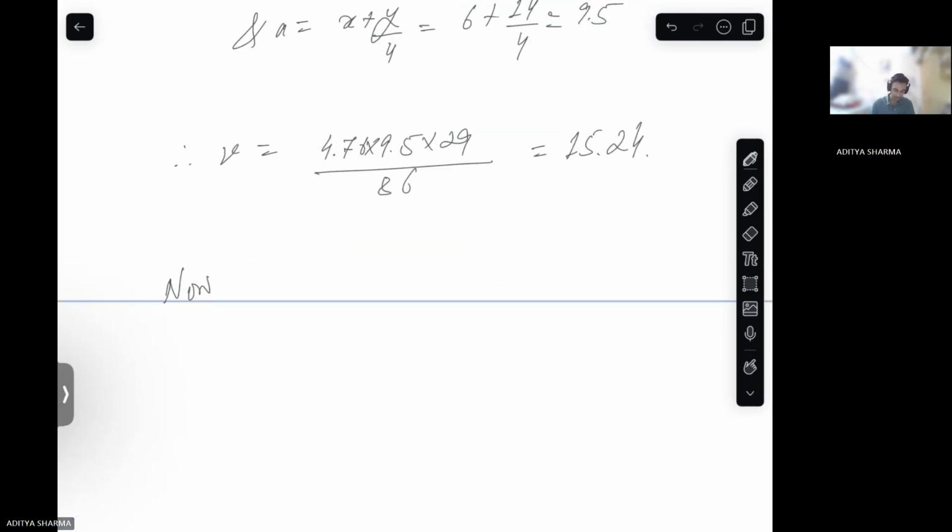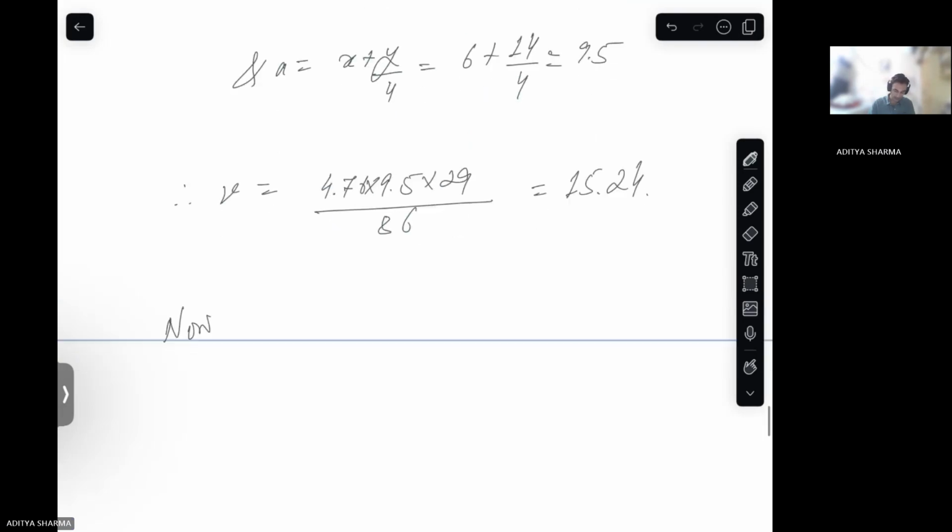Now the burning rate will be, no. Still we are left with the transfer number.